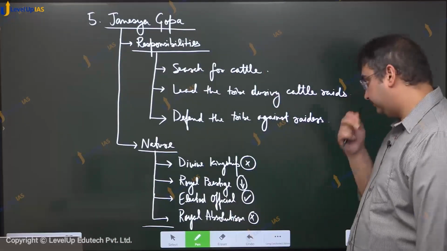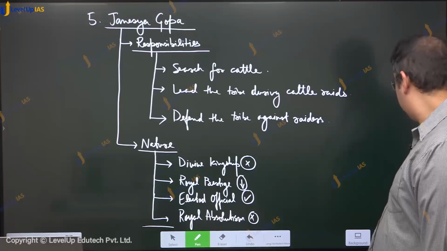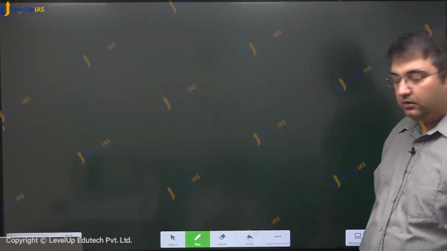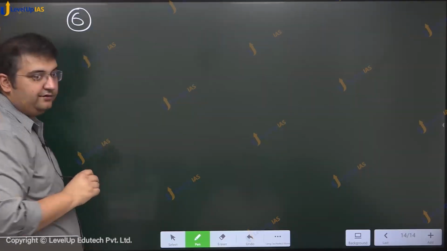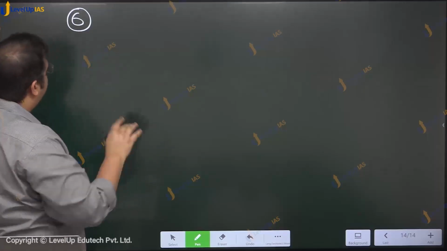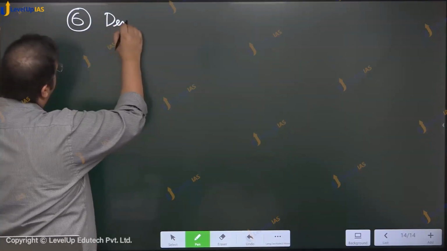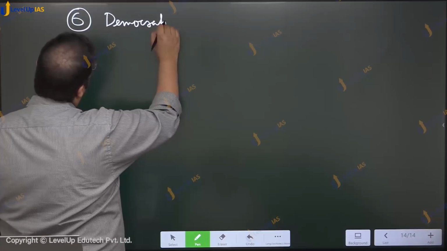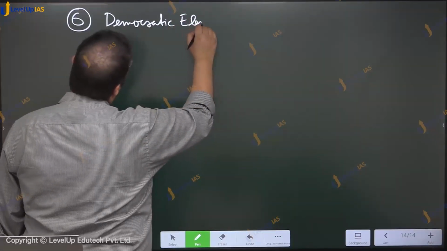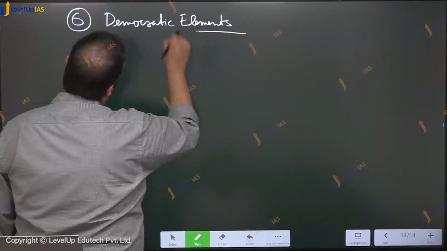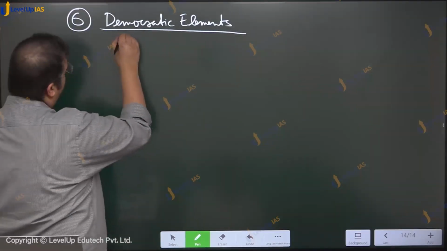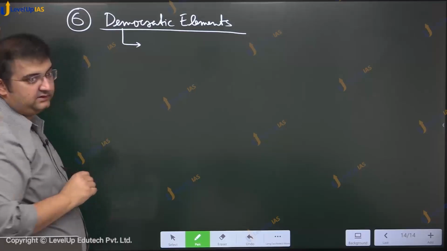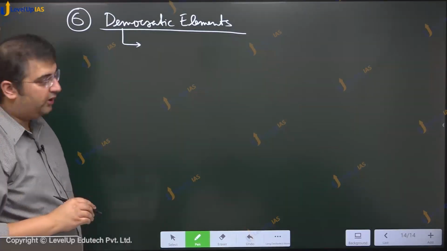Now, since we have talked about the democratic elements of early Vedic polity, let us expand upon that further. क्या देखने के लिए मिलता है? All the important officials, they were elected and not appointed.